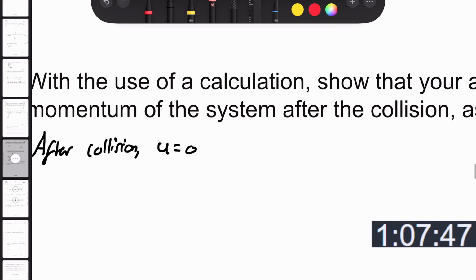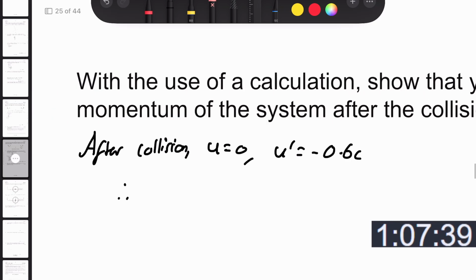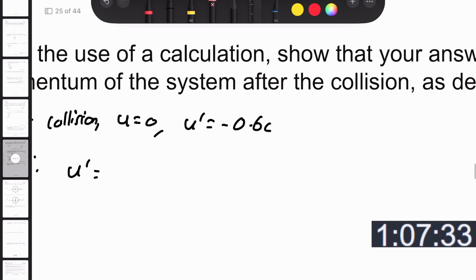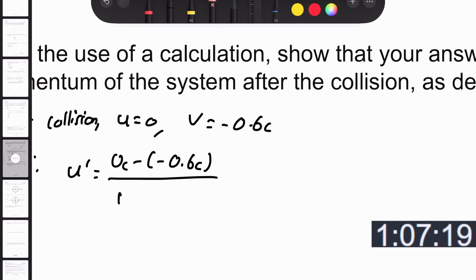Say that u equals 0, but x is still going to be moving at negative 0.6c. Therefore v is equal to u minus that, negative 0.6c, all over 1 minus 0 times negative 0.6, so that's just going to be 0.6c.